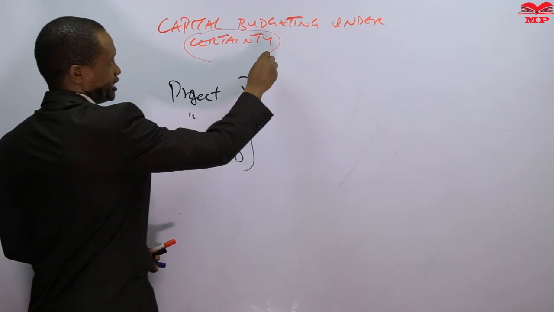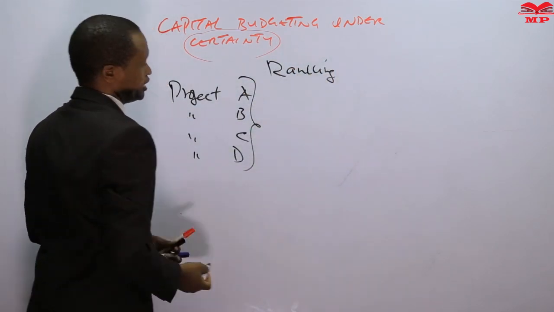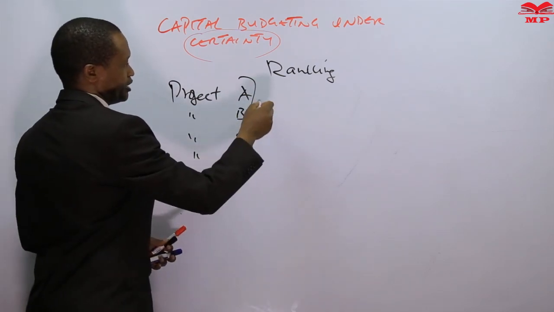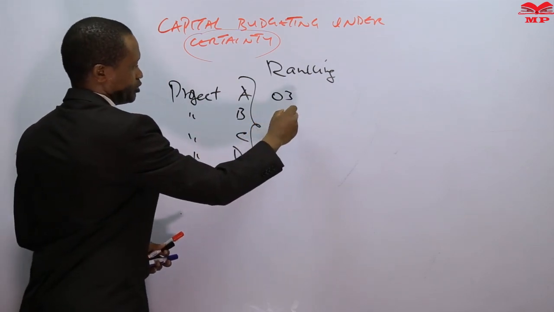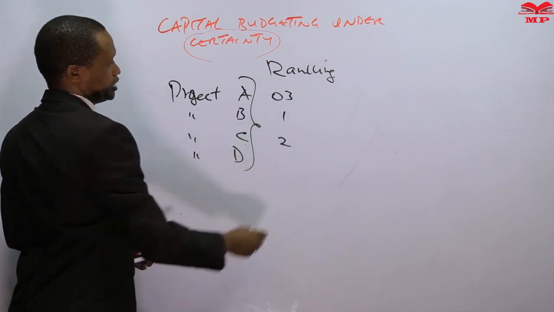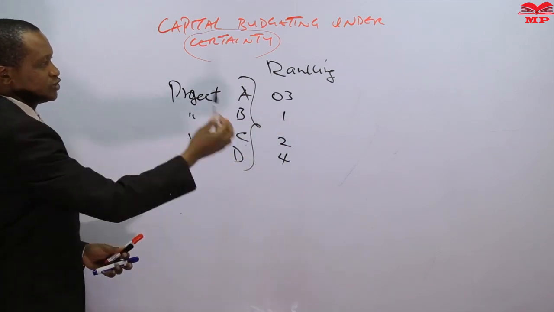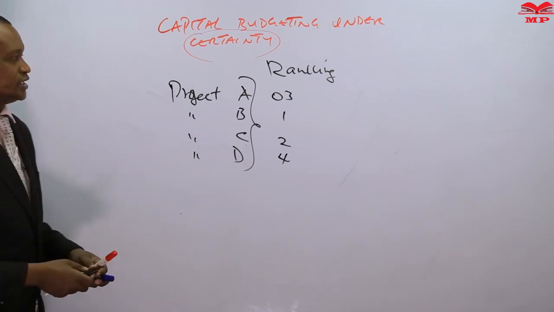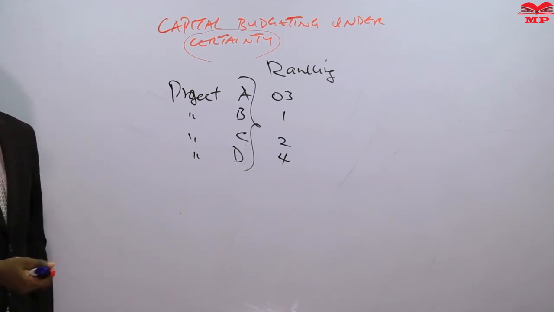The method should enable ranking of projects, so that project A may be ranked number 3, project B ranked number 1, project C ranked number 2, and the other one number 4, for example. So the criteria should be able to rank projects into the order of desirability. So that is an important factor.